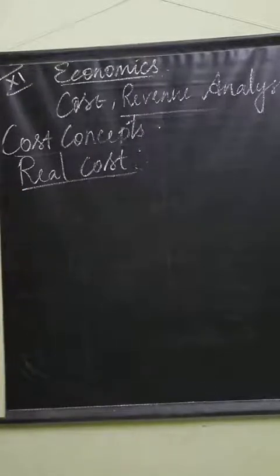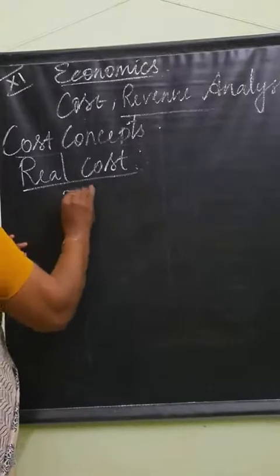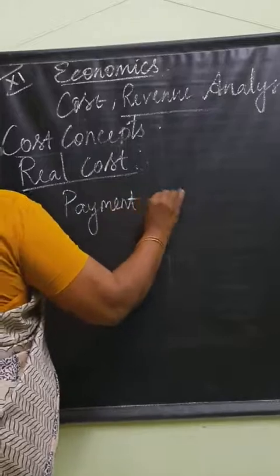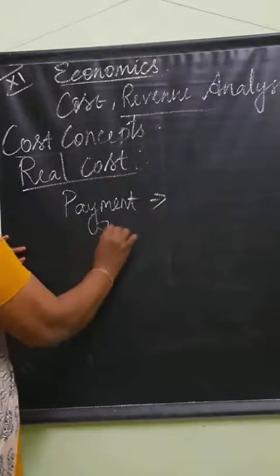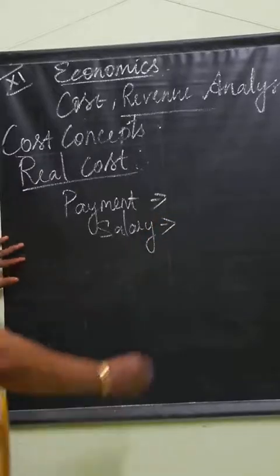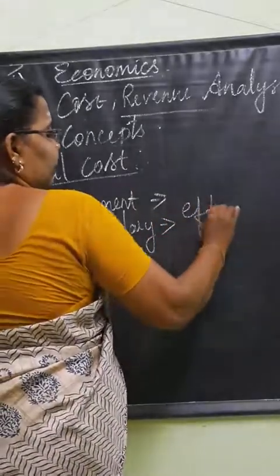It cannot be seen with the naked eye. Intangible. So, the payment, as I said, I am working to make you understand. So, I am getting the salary, the salary which is equal to the effort.